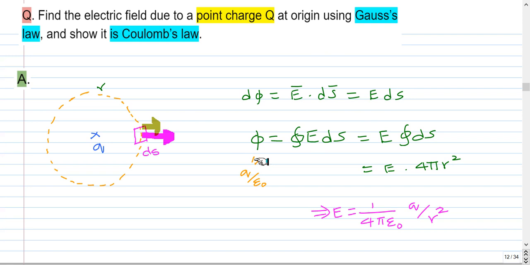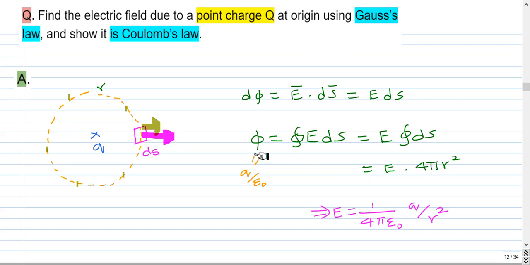So the total electric flux through the spherical surface is the integral of this. The magnitude of the electric field at any point on this curved surface is the same because it's the same distance from the point charge. So the magnitude of the electric field will come out of the integral sign. So the integral will become integral dS, which is the total surface area of this spherical surface, which is 4 pi r squared.